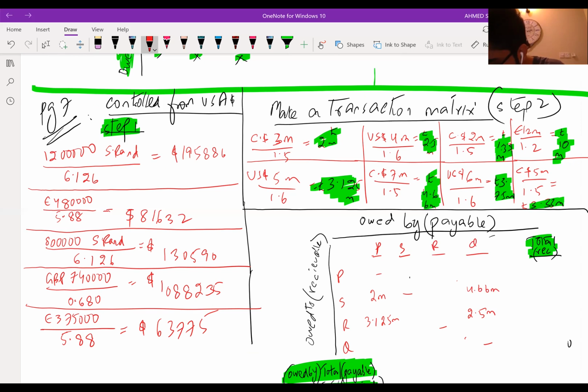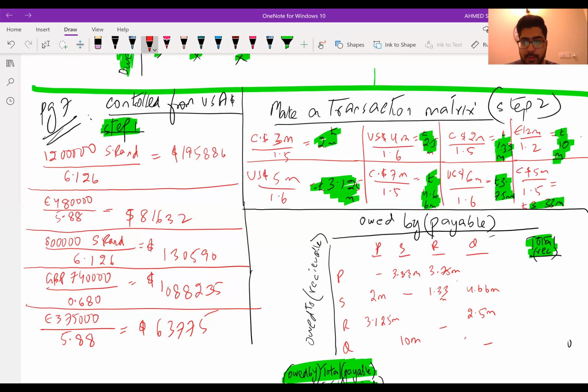Fifth, owed by R, owed to S: 1.33 million. Sixth, owed by R, owed to P: 3.75 million. Second last, owed by S, owed to Q: 10 million. And the last, owed by S, owed to P: 3.33 million.